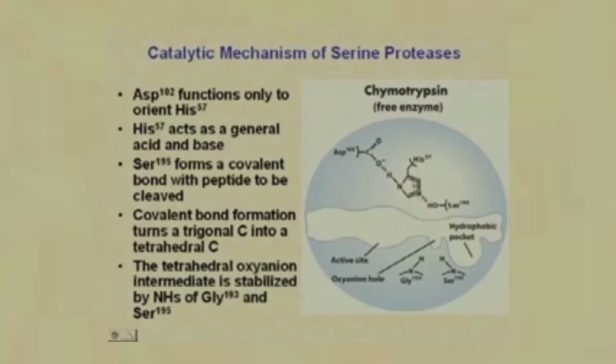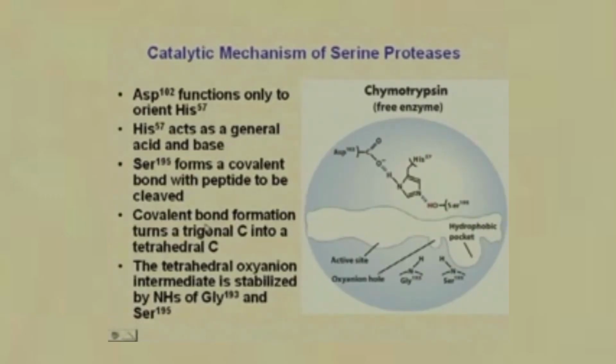Then this histidine will act as a general acid and base, and serine will form the covalent bond with the peptide that has to be cleaved. We'll see how it does that, but we have to know that the serine OH is its side chain, the histidine N and N is its side chain, and this is the side chain of the aspartic acid.